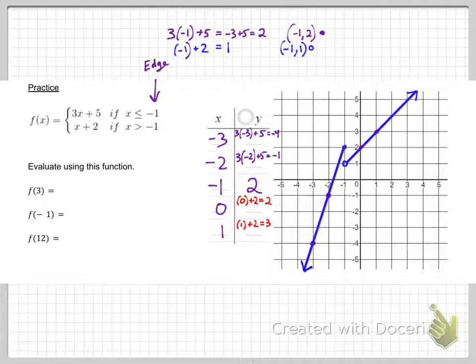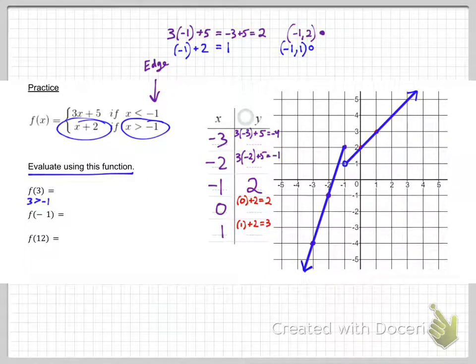Now, some other questions you might encounter are ones like evaluate using this function. So if we want to evaluate f of 3, I need to ask, all right, where does f of 3 work? Well, 3 is greater than 1. That means I'm going to use this part of the function, the x plus 2 part. So we get 3 plus 2, which is 5.